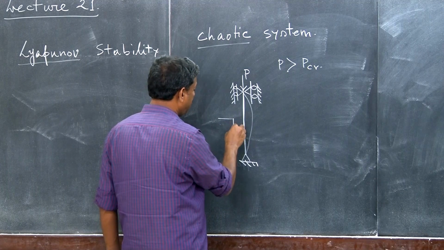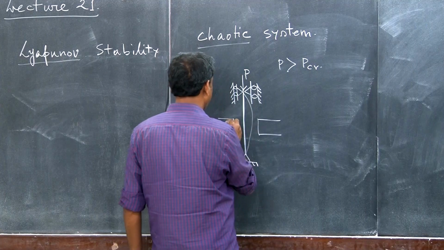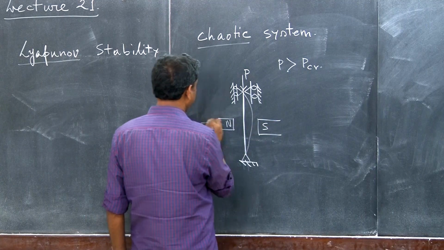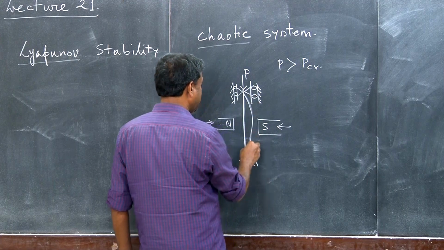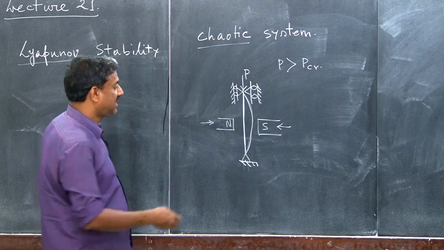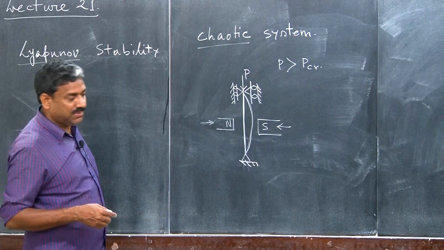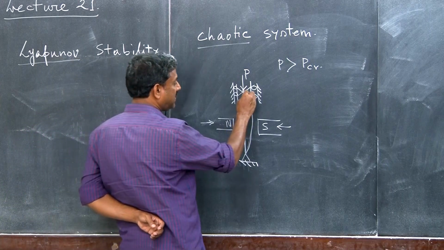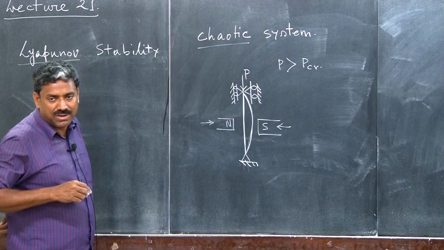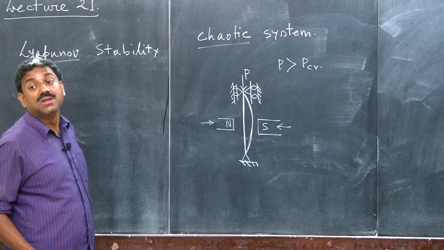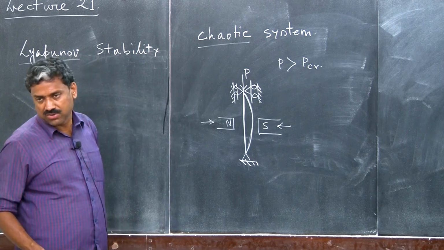Then you put two magnets here. There is this experiment people have done, with north and south poles, and assume that these are all electromagnets, and then you apply some alternating current so that there is a reversal in polarity. And you assume that this column is made of iron or some magnetic material which can be attracted by a magnet, maybe made of iron, okay.